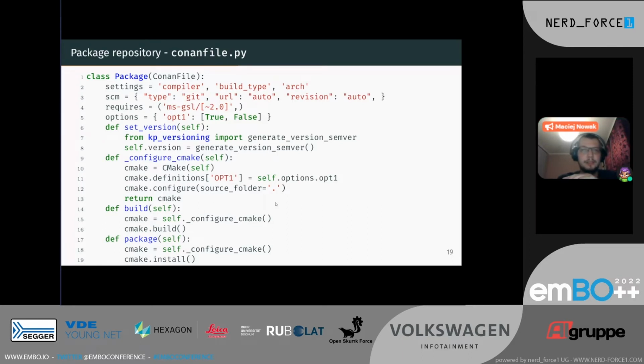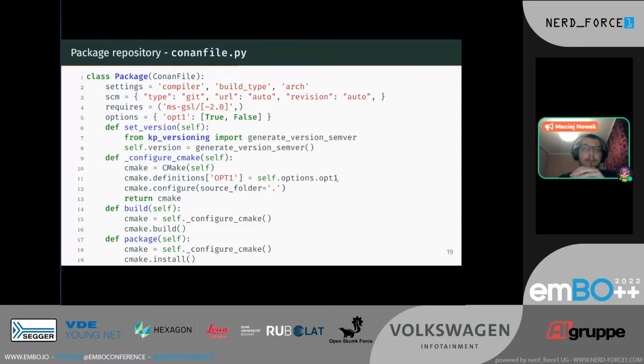We are using installed artifacts as our package artifacts, and if there are any options that need to be passed to CMake, we are passing them as definitions, and we are trying to keep this passing of options as simple as possible, to not put too much logic into the Conan file.